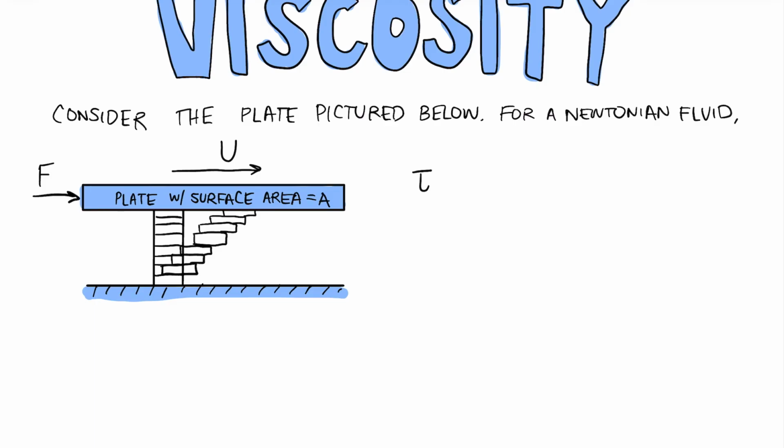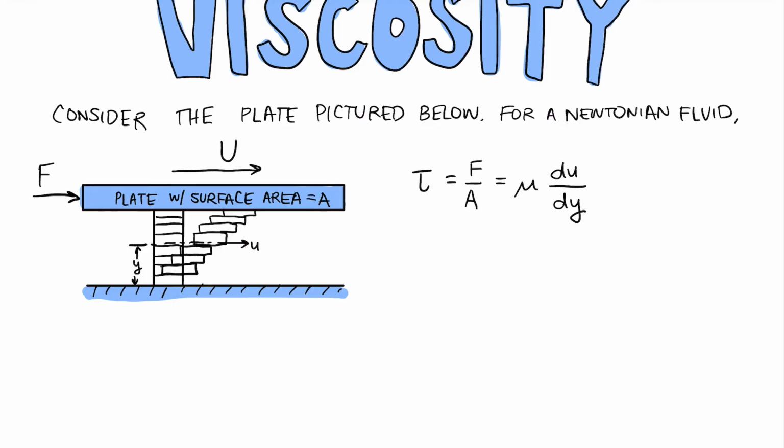The shear stress in the fluid that will develop is the applied load over the surface area, which is also equal to mu times the rate of change of velocity, where y is some distance from the ground to a particular location where we take the velocity.